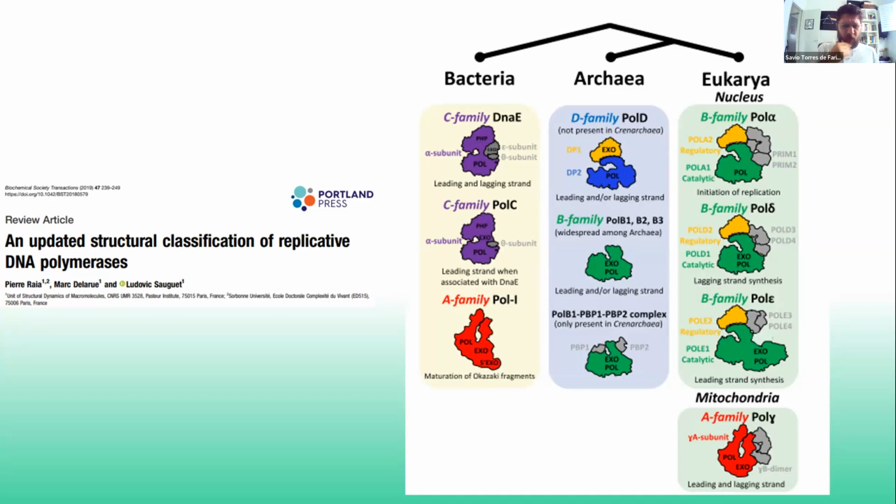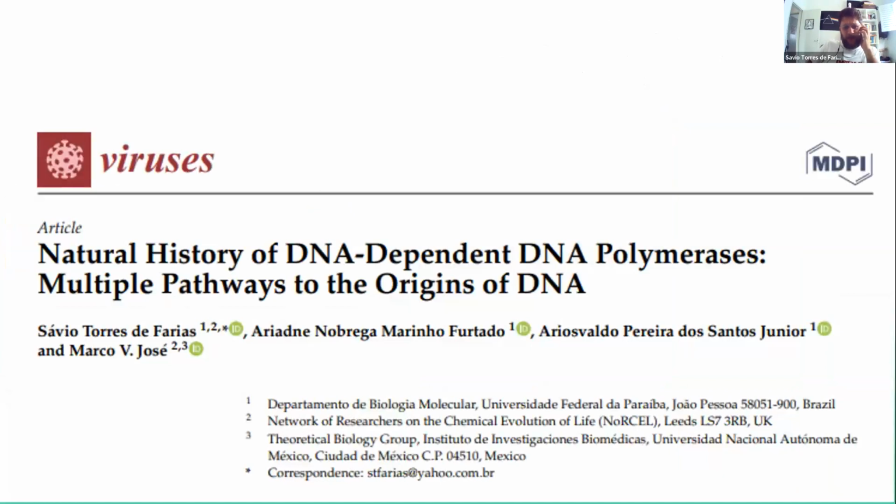Okay, so to try to understand the natural history of the different kinds of families of the DNA polymerase, we published this paper at the beginning of this year. And we analyzed the distribution of the different families to try to understand how the DNA polymerases appear in the different basal lineages.